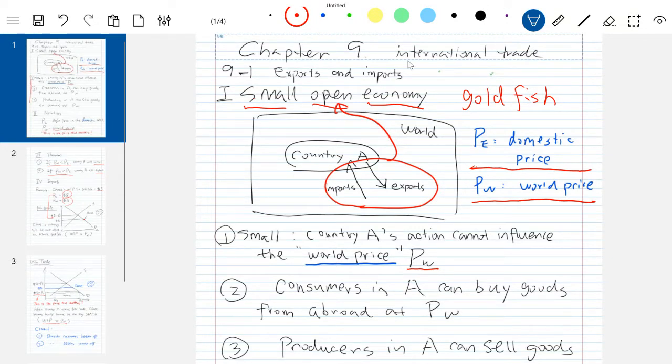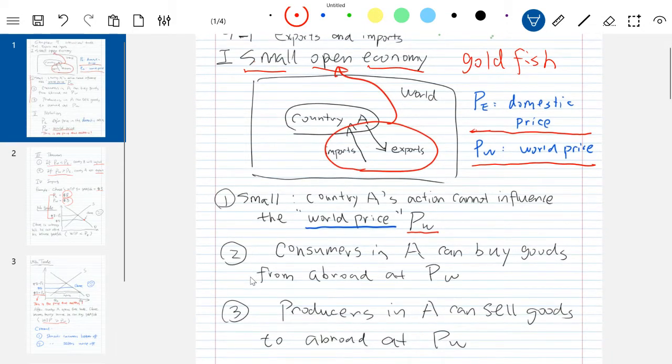If all of the three following conditions are met, we're going to call country A a small open economy. First of all, we're going to assume that country A's actions cannot influence the world price PW. This is what makes country A small.